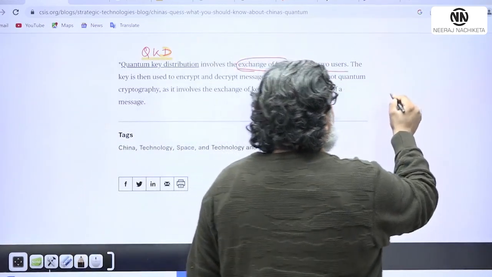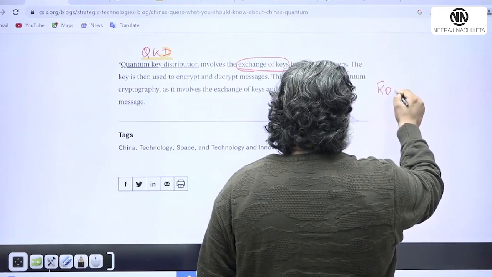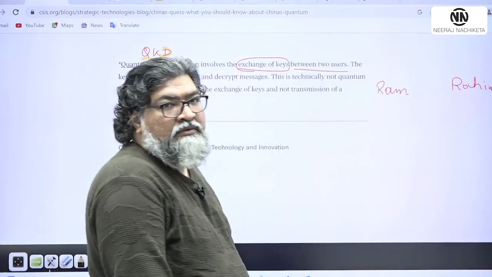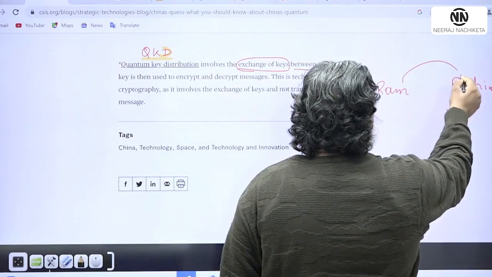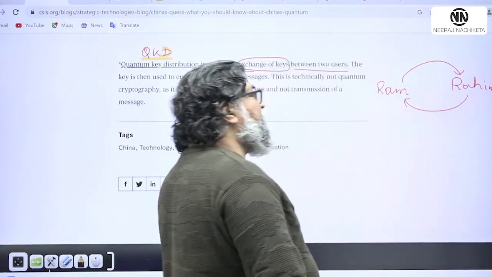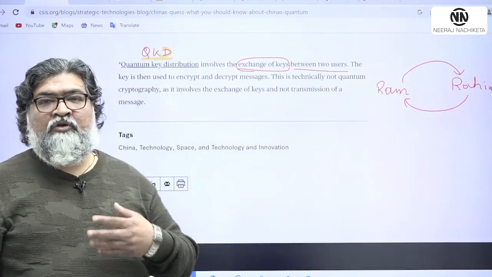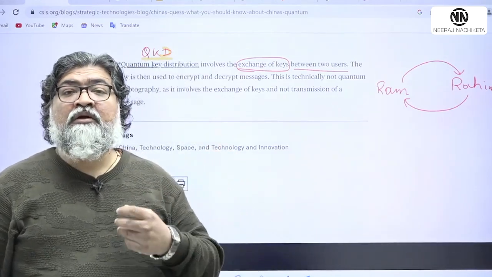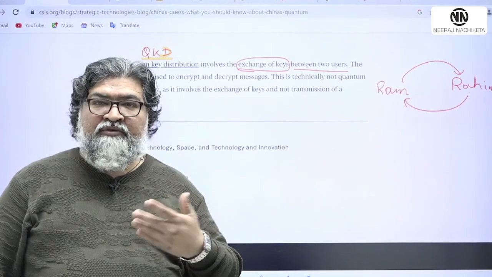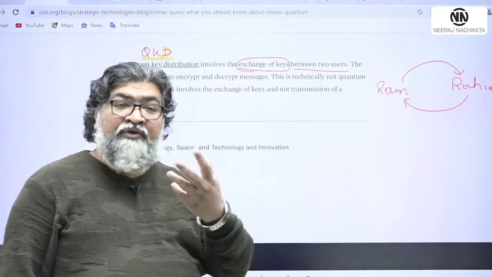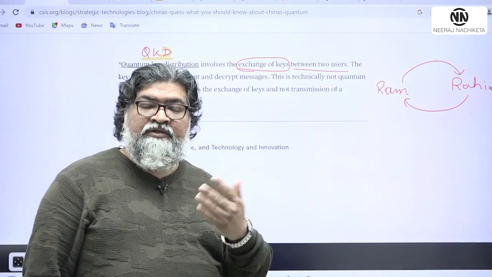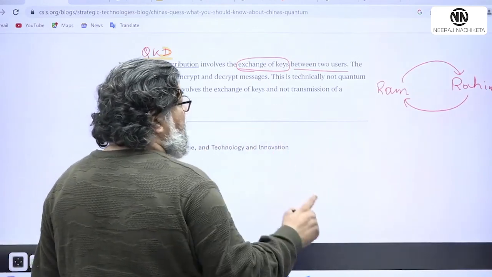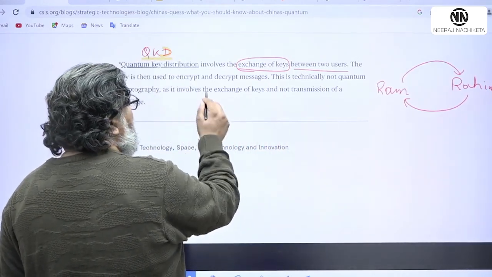Let's say there is one user Ram and another user Rahim, who send and receive data. There is a communication system, as in normal communication, either a phone call, messages through mobile phone, email, or sometimes a video call where there is a face-to-face talk. All these are communication modes. Here, keys are exchanged, and the key is then used to encrypt and decrypt the message.